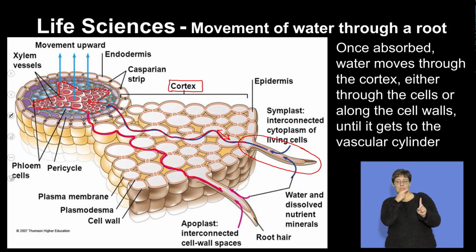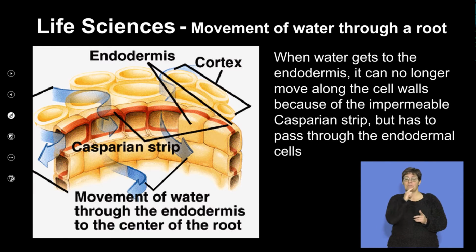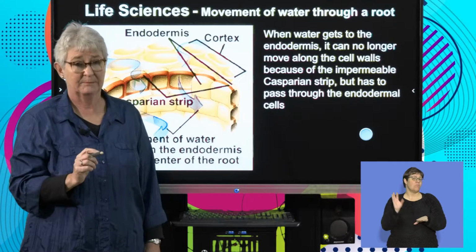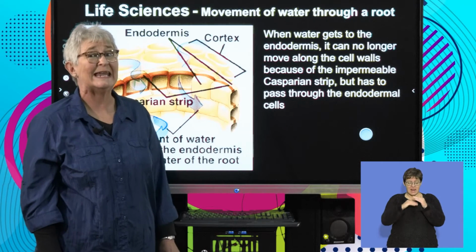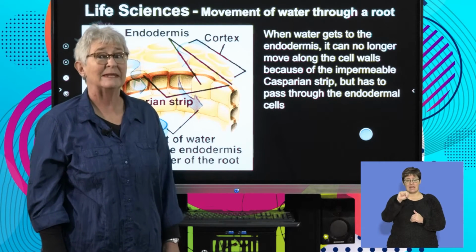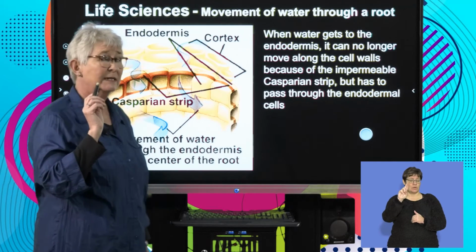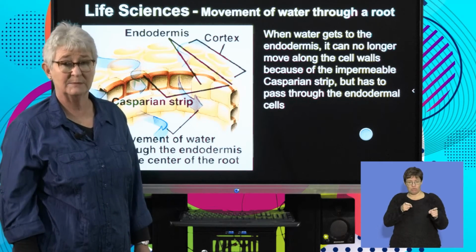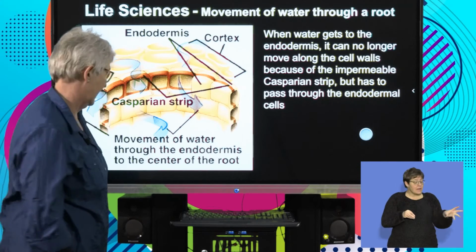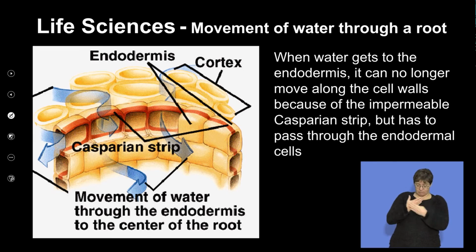So the water is actually trying to get into the xylem star so it can be transported upwards. A problem is it's got to go through the layer called the endodermis. And the endodermis is an interesting layer because it gives the plant control over substances moving into and out of the xylem. So let's have a look.